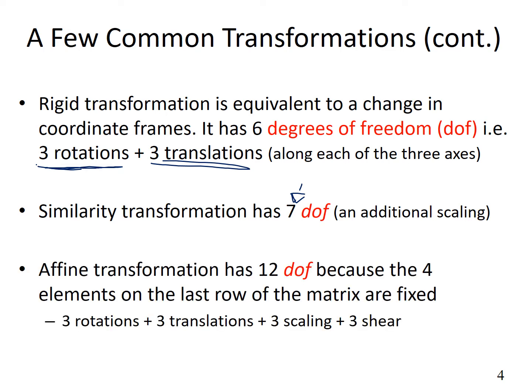The affine transformation has 12 degrees of freedom. 3 rotations, 3 translations, 3 scaling, because it can scale objects differently along the X, Y, or Z dimensions. And it also has an additional 3 degrees of freedom of shear. It can put shear in objects. We will study a shear transformation in the next lecture.